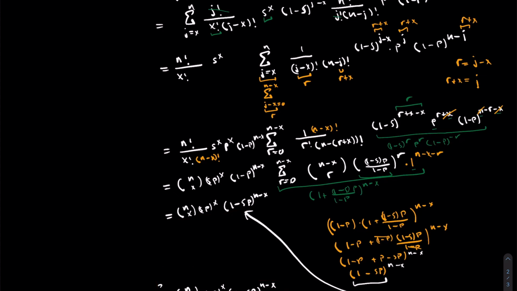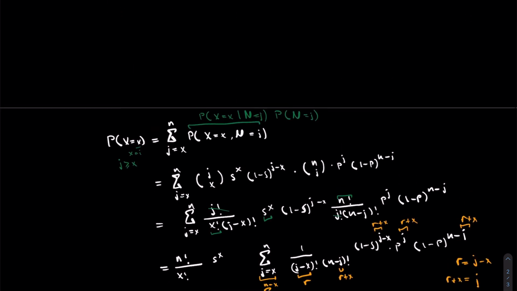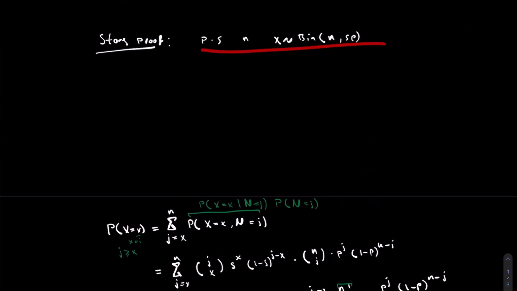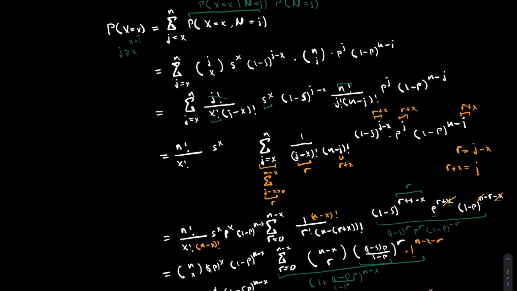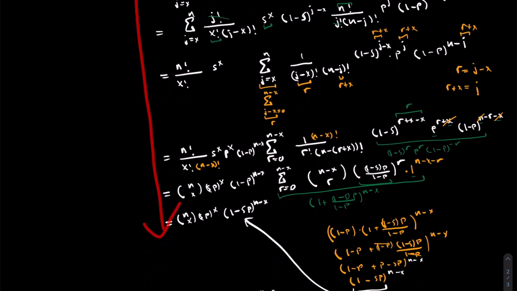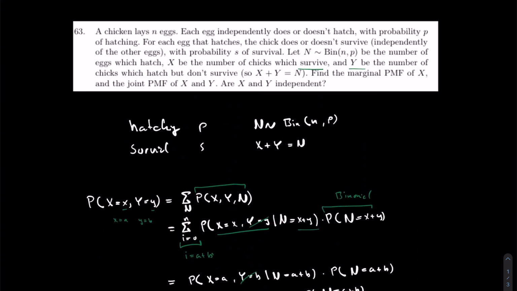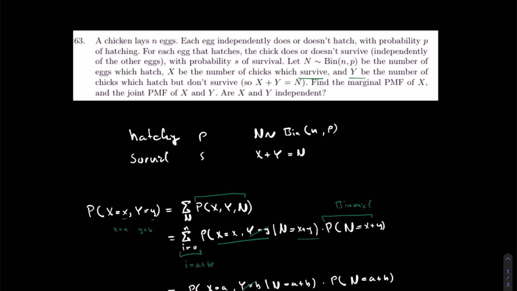There was a lot of calculation involved. I mean, it is in fact much easier to do the story proof, but I think it was nice to just go through this whole calculation and see that it actually reduces down to this binomial. And yeah, this is it. So we have proven how the marginal of x is a PMF that is binomial in two ways.